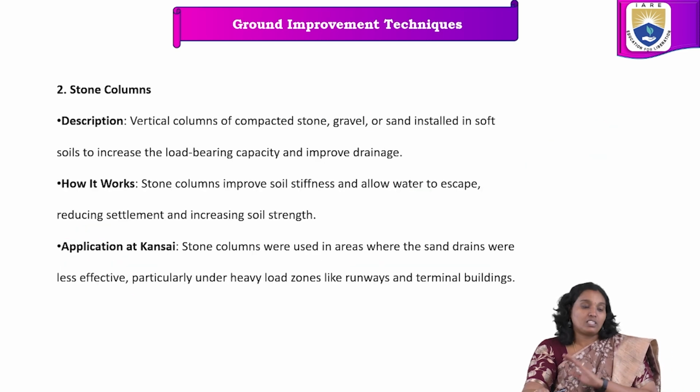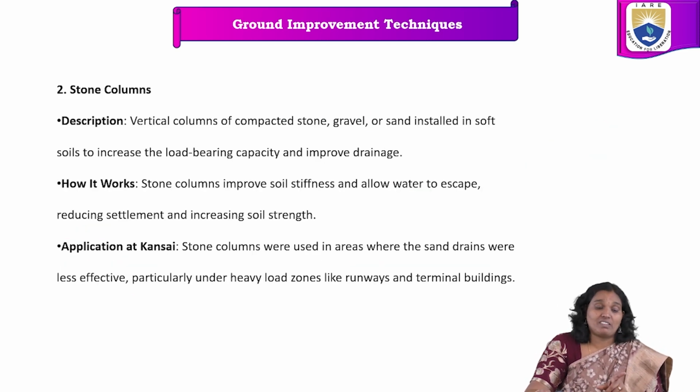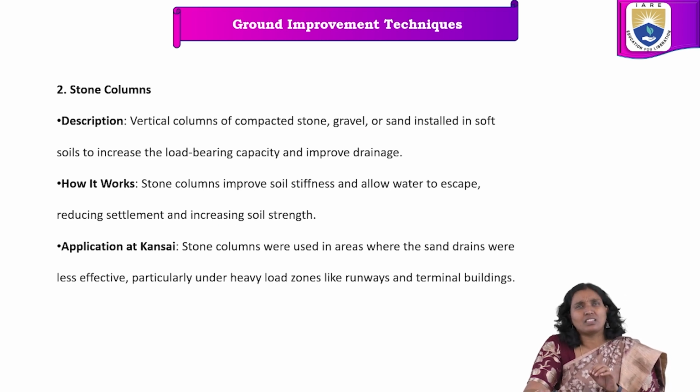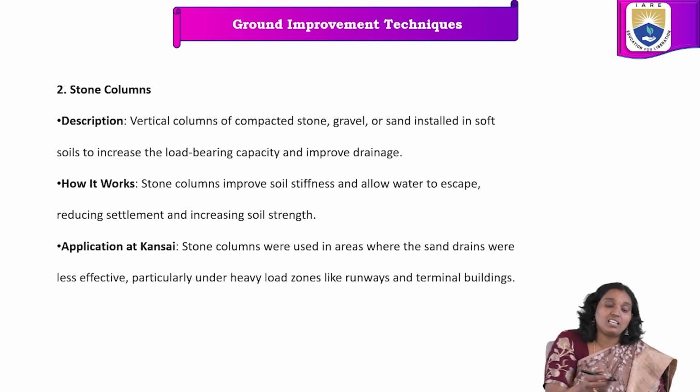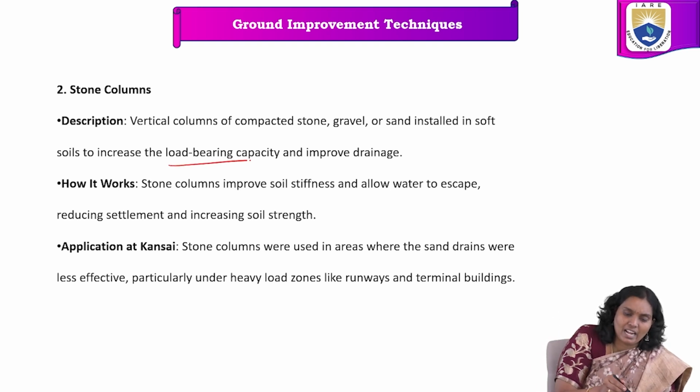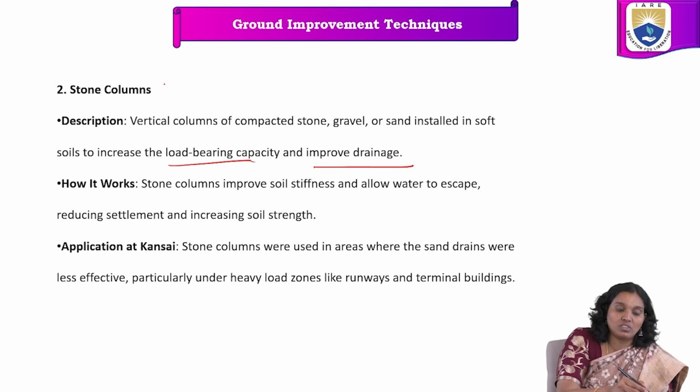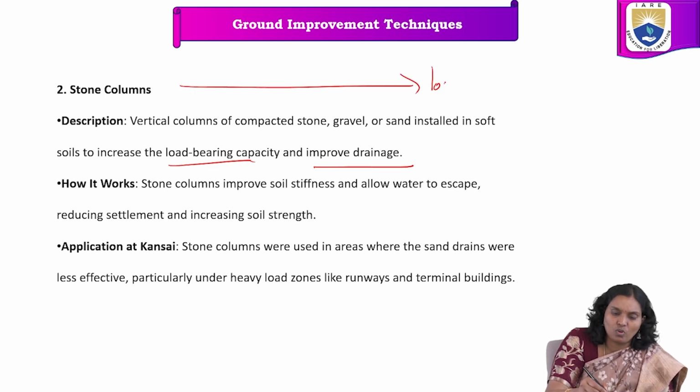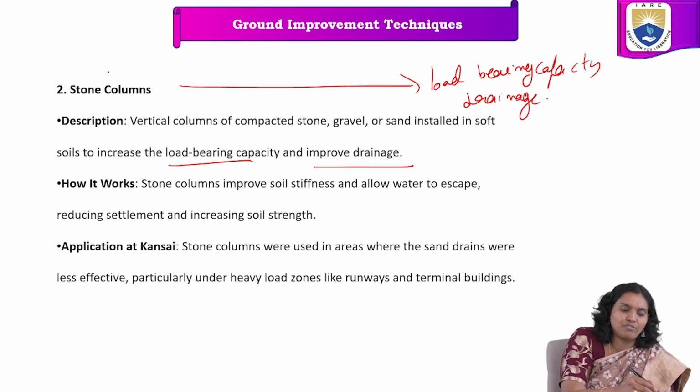Stone columns. In this, vertical columns of compacted stone, gravel, or sand are installed in soft soils to increase the load bearing capacity and improve drainage. So, load bearing capacity and improved drainage conditions are the parameters which are helpful in this ground improvement technique.